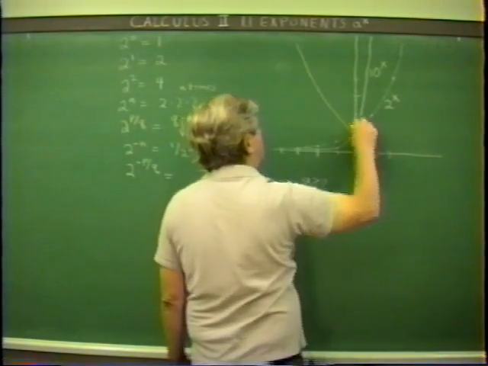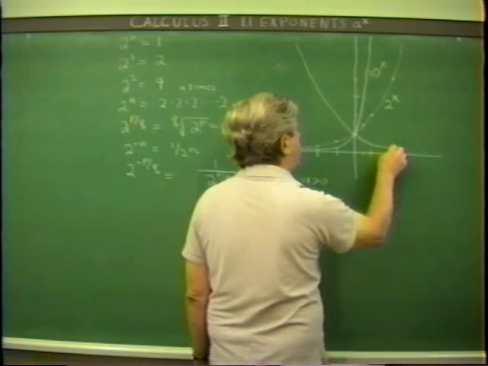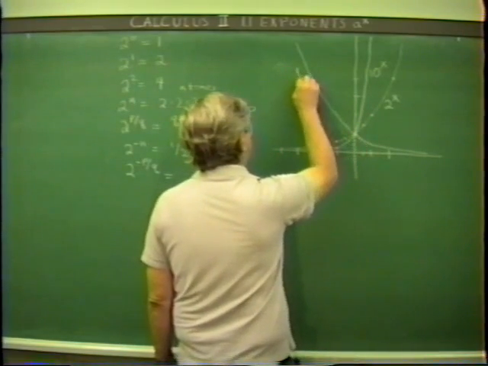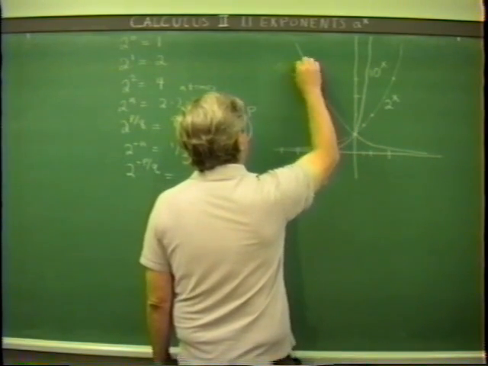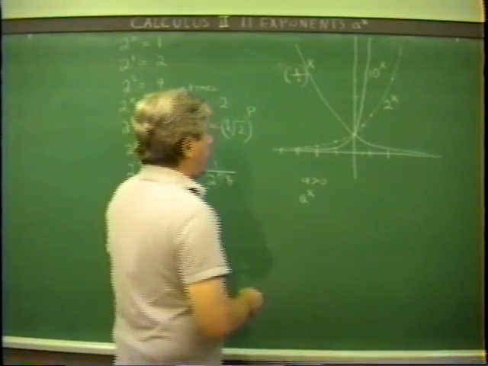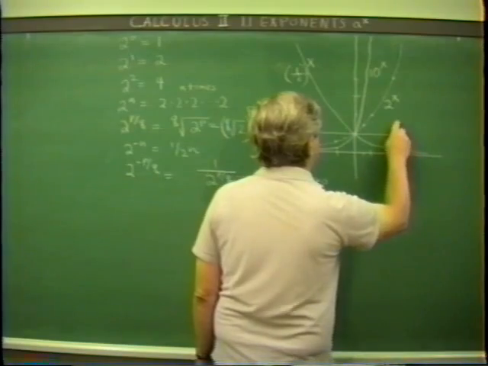So that, for example, a half to the 1 power is a half, a half squared is a quarter, a half to the 3rd power is an eighth, and so forth. So here's a half to the x. And I guess if we can include 1 to the x here, it's going to look like this.